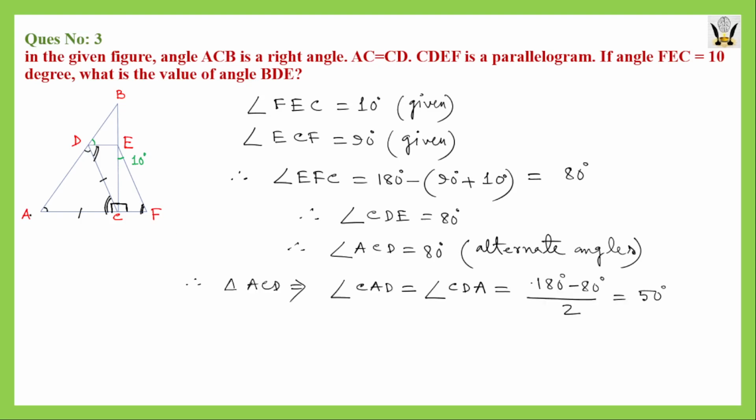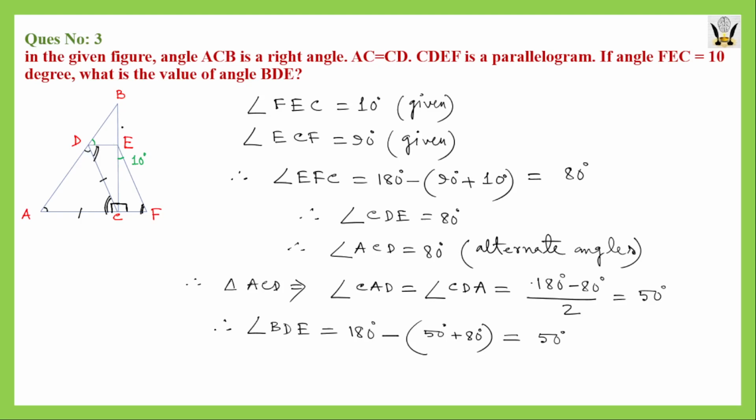So angle ADC, that angle we have already obtained, is 50 degrees. This angle we have also obtained, that is 80 degrees. So the remaining angle, because the sum of these three angles will be 180, since AB is a straight line or straight angle, will be 180 minus the sum of these two angles. So angle BDE is equal to 50 degrees, which we were supposed to find out.